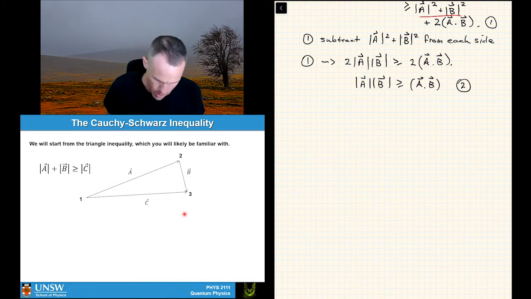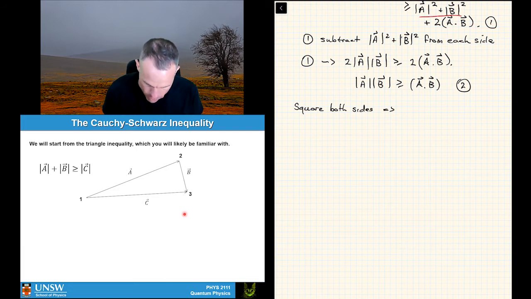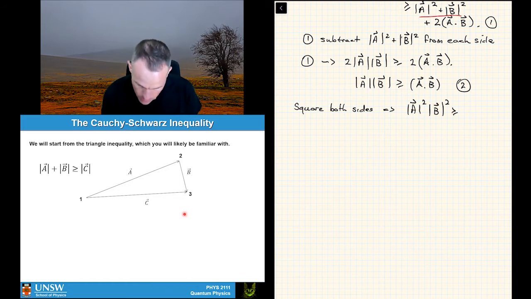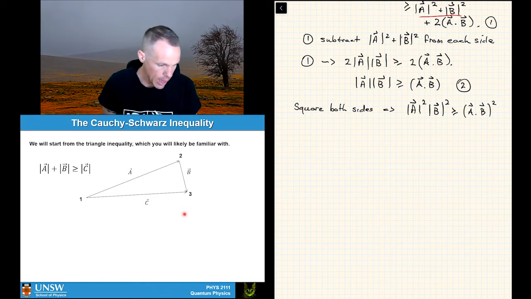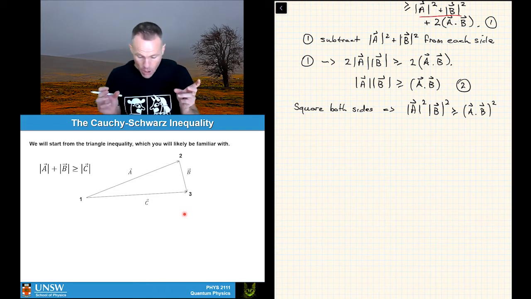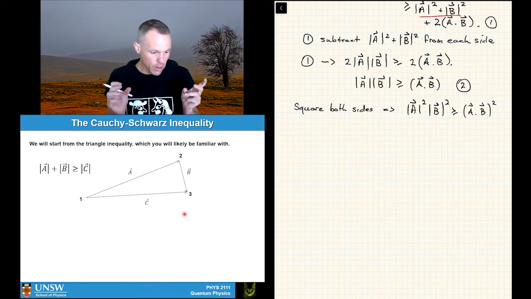And so now what we would have is, square both sides. We would have square of the length of A times the square of the length of B is greater than or equal to A dot B squared.